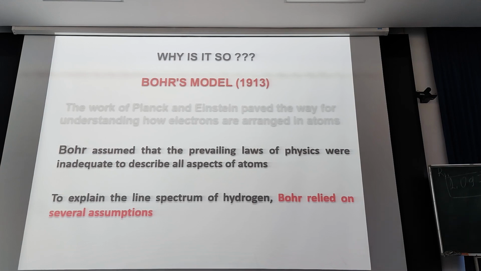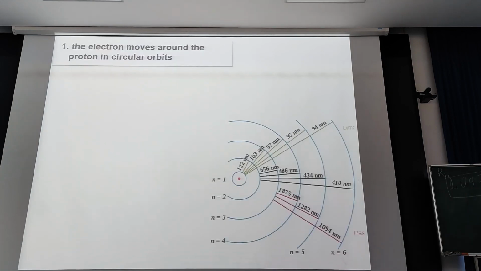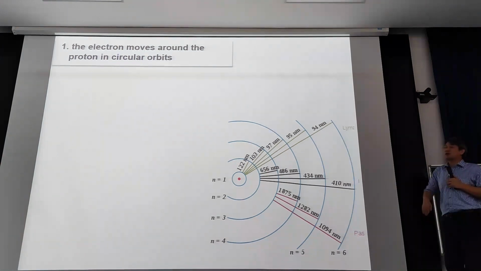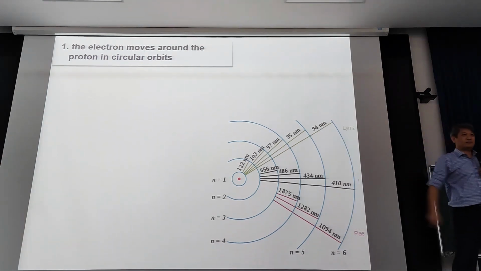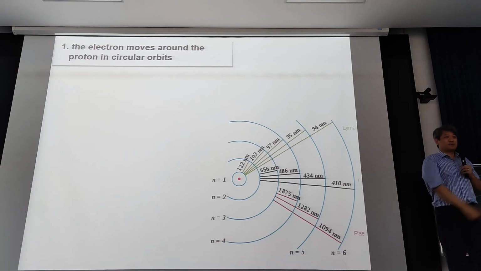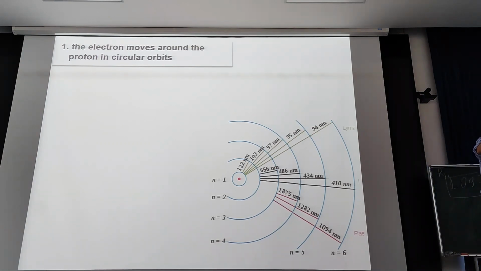Okay? First, the electron moves around the proton in a circular orbit, like this. Okay, that's the first assumption. Later, for sure, we understand that it's not correct, right? But at the time, early 20th century, proposed by Bohr, it is a circular orbit like this.